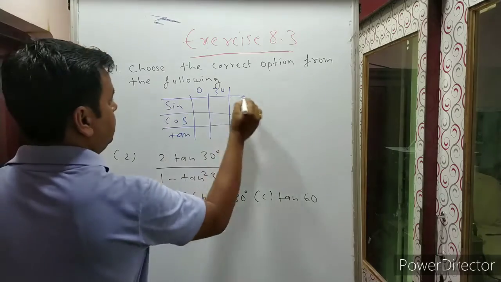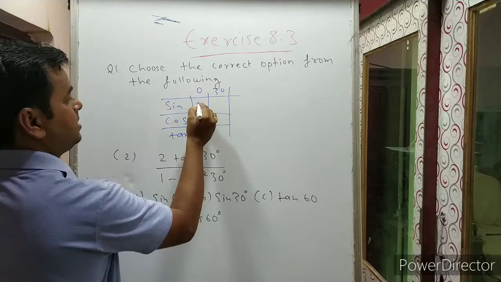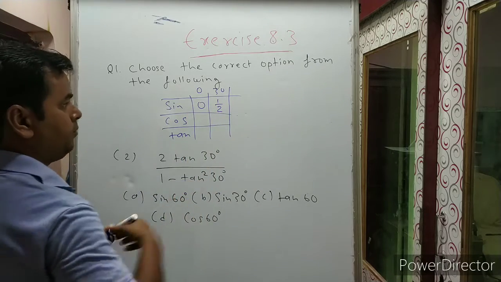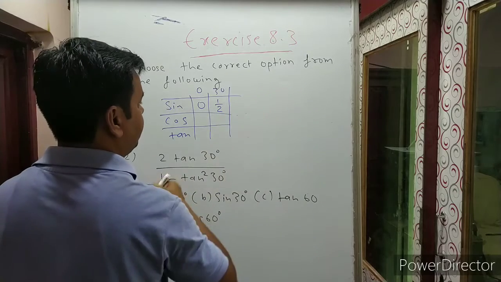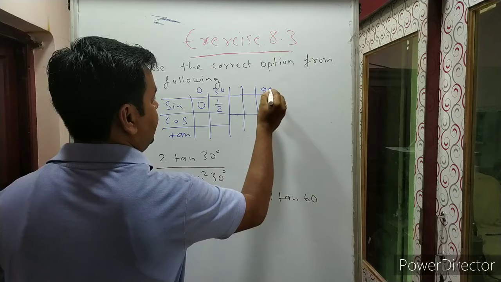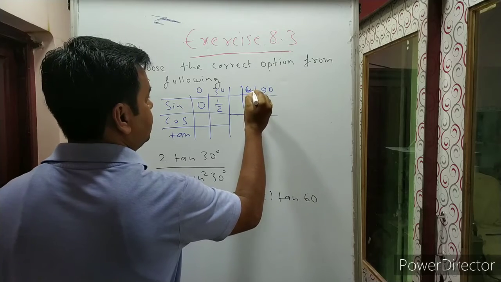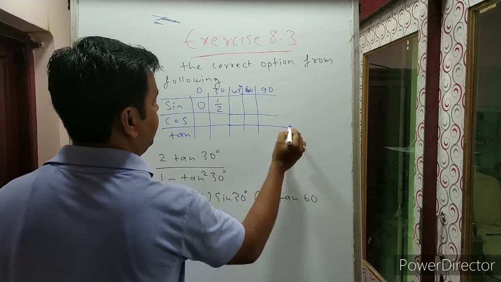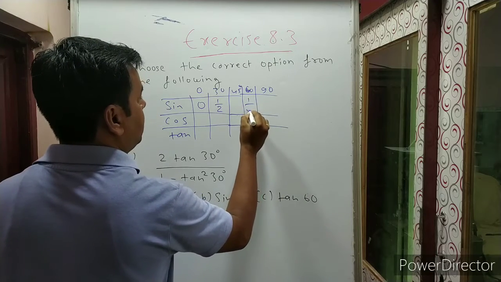So the value for sine 0 is 0. This one is 1 upon 2. And if we go forward, 45, 60 and 90. Here the value will be 1 upon root 2.